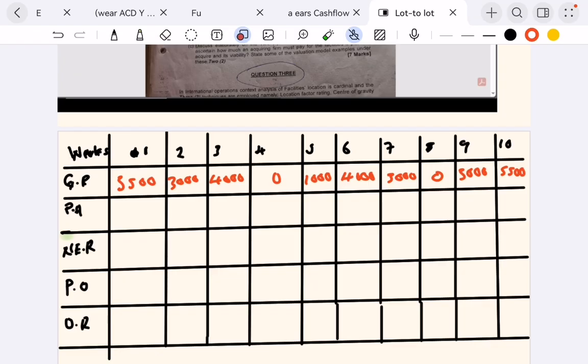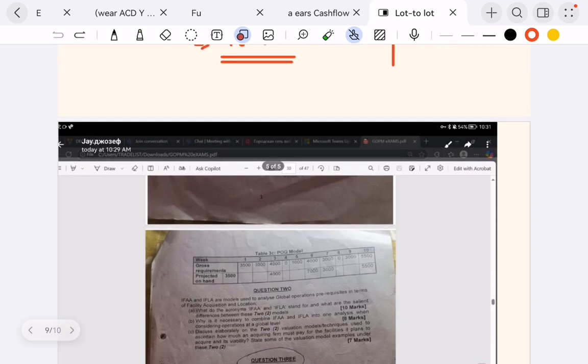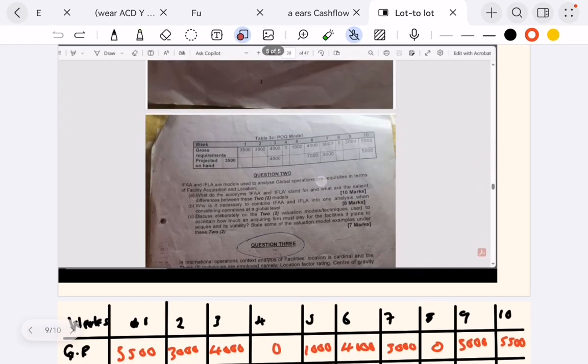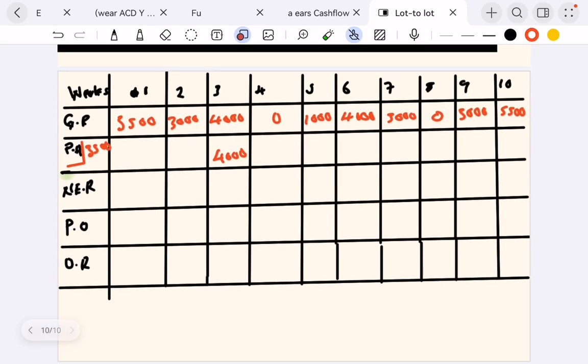On the projected at hand here we have 3,500. That's projected at hand. Then, on week 3 we have 4,000. On week 6 we have 7,000. Here we have 3,000. These are given already in the table.